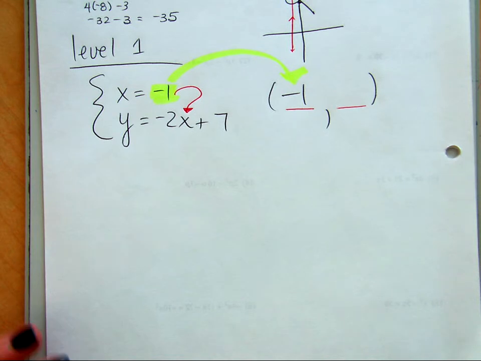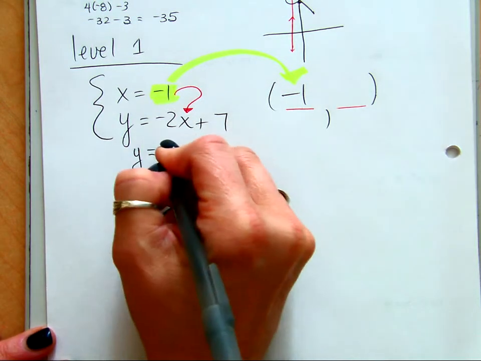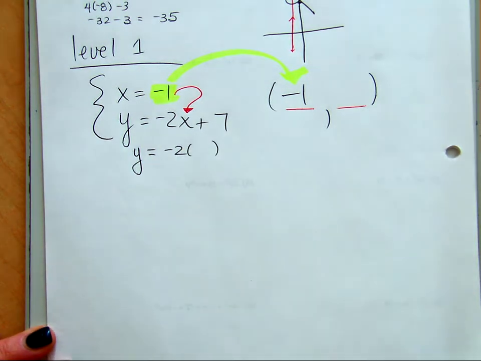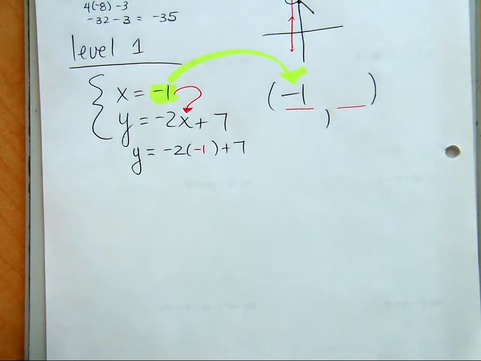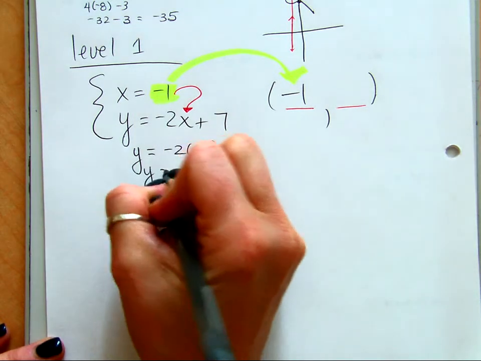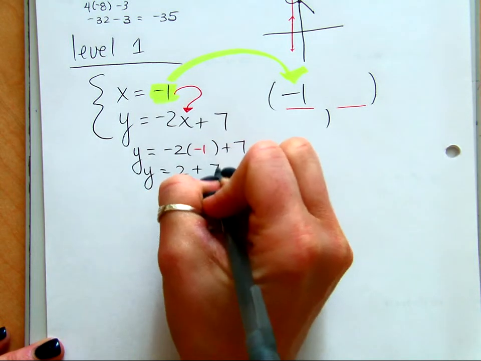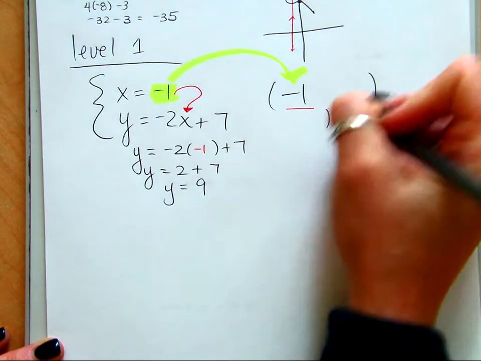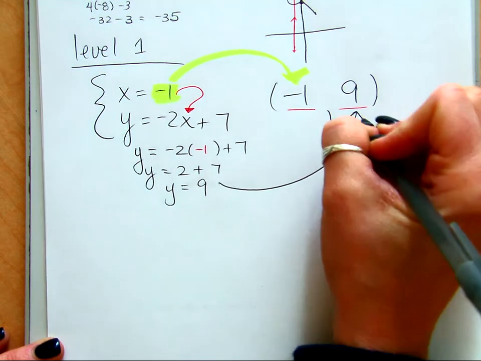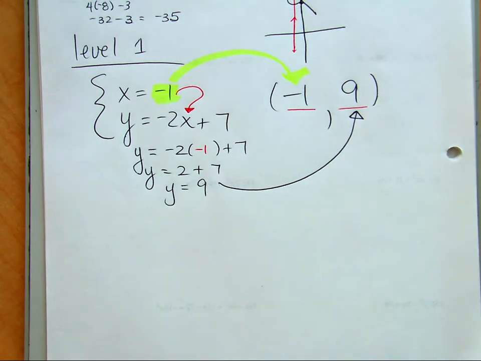So all you're going to do to figure out your y is take that -1, multiply it by -2, then add 7, and that'll give you your y. That's what that equation says. So -2 times -1 plus 7 means that your y value is now 9. And that's why they call it a level 1, because it's pretty easy.